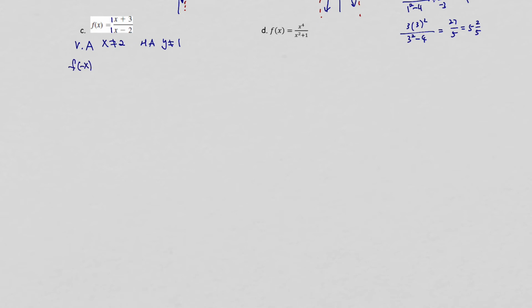We're going to let x equal negative x, and when you simplify, you get x minus 3 over negative x minus 2, which is not f of x, nor negative f of x, meaning no symmetry.